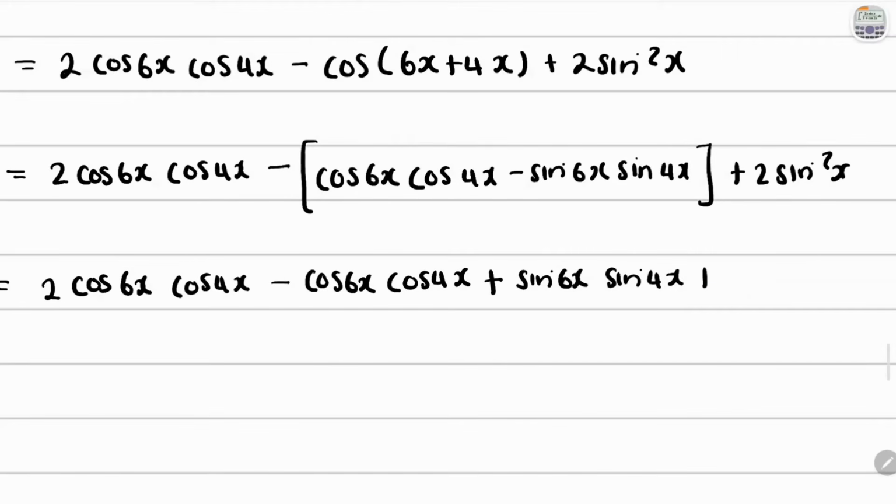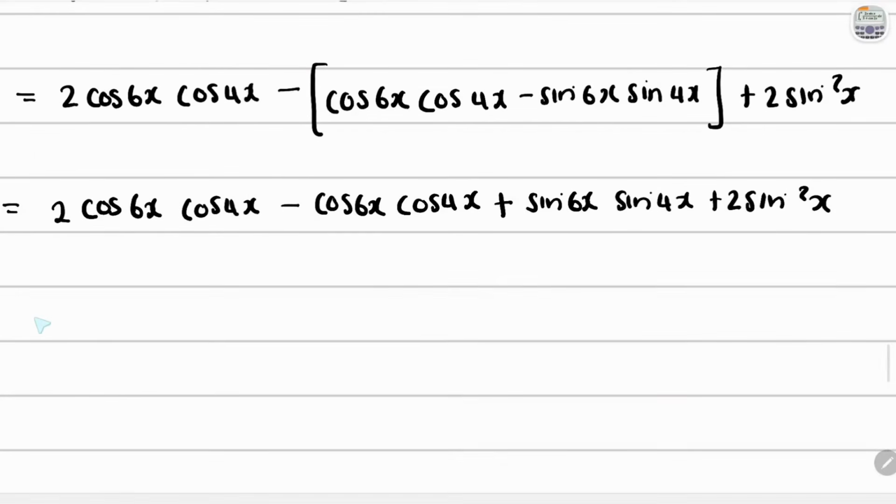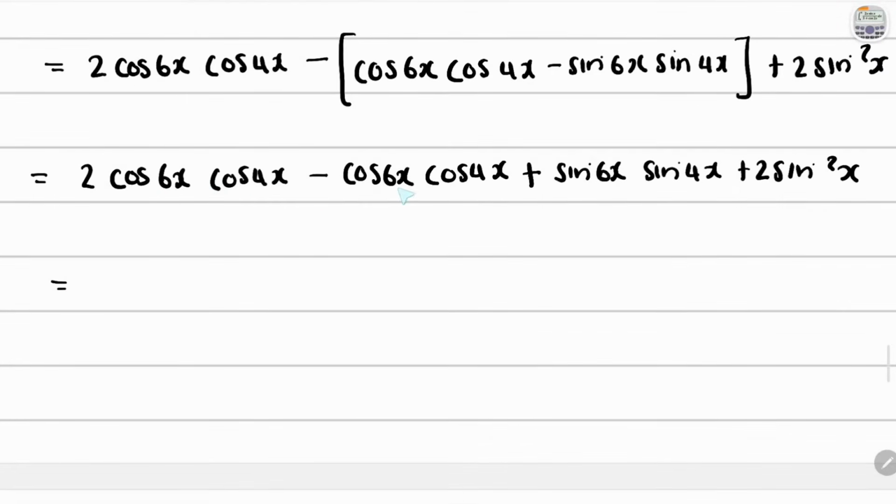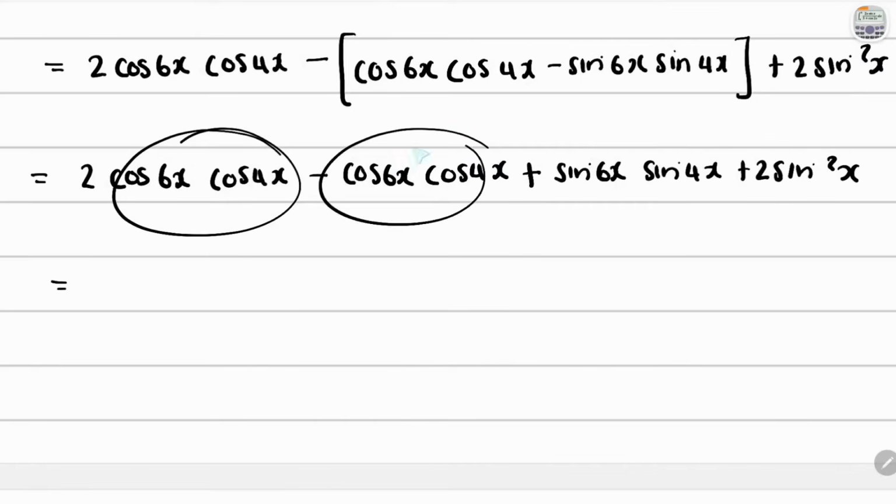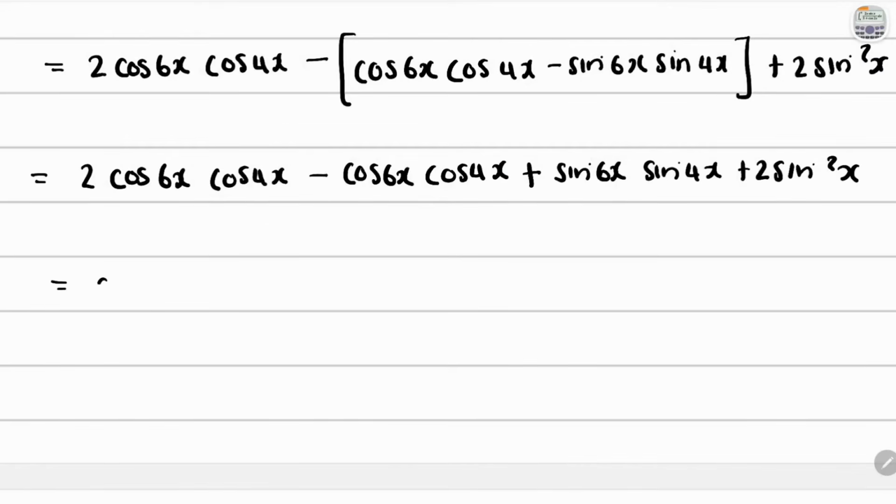And lastly, that becomes positive 2 sine squared x. Okay, this is finally equal to, and we have these two. Do you see that they are like terms? 2 of this minus 1 of this would simplify to cos 6x cos 4x.